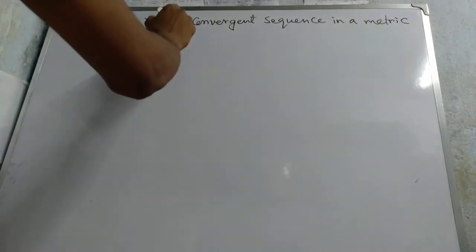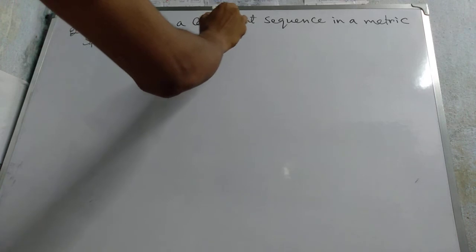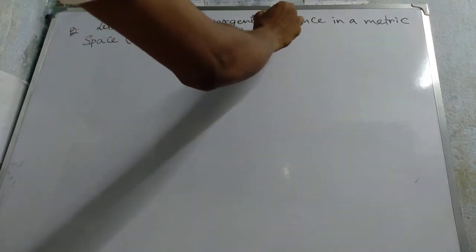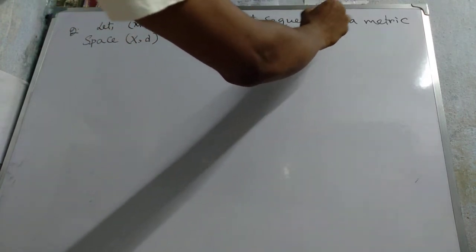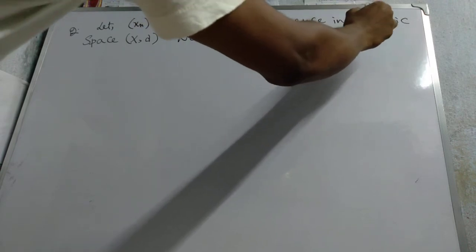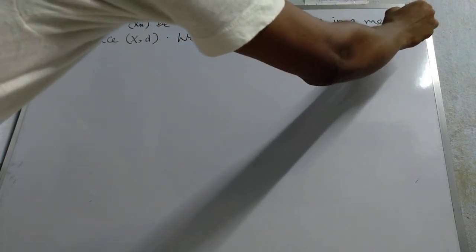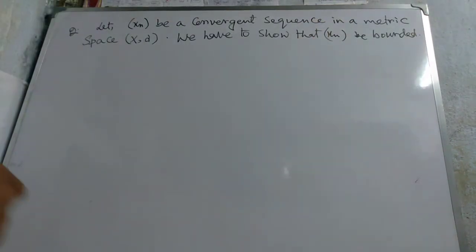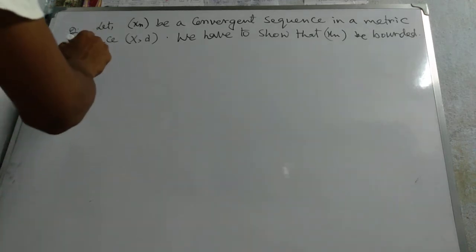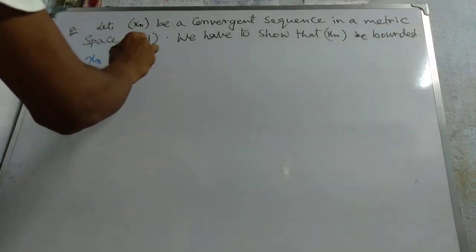We have to show that x_n is bounded. A convergent sequence is bounded. How is this shown? x_n converges to x.